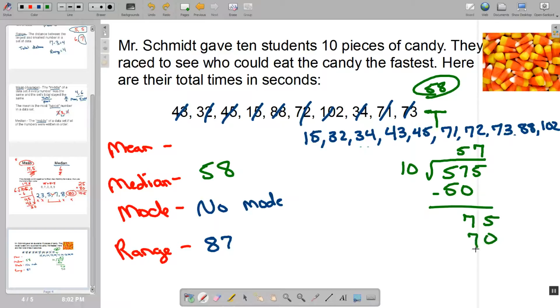And that gives us 70. And now we have a remainder of 5. But since we know decimals, we're going to add a 0 after the decimal place and bring that 0 down. And 50 divided by 10 is exactly 5. So that means our average, or the mean, for this set of data is 57.5. And that right there is finding the mean, median, mode, and range for a set of data.